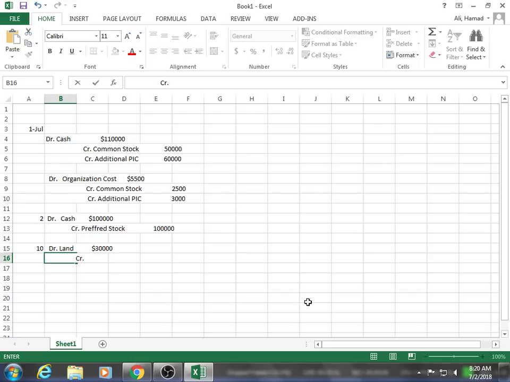We're going to credit common stock for how much? 2,500 times what? $5 a share. Remember the par value? So how much is that? 12,500. That's correct. And the difference is 17,500.